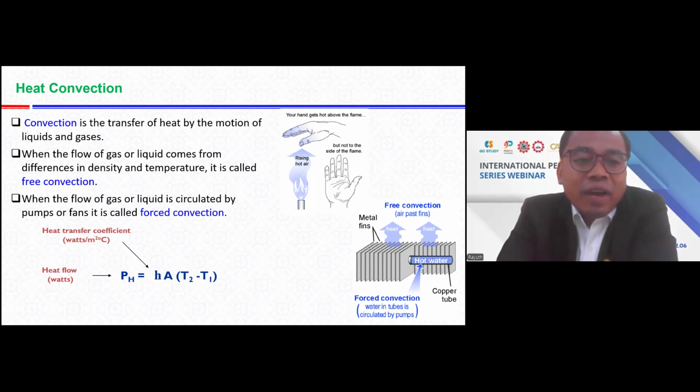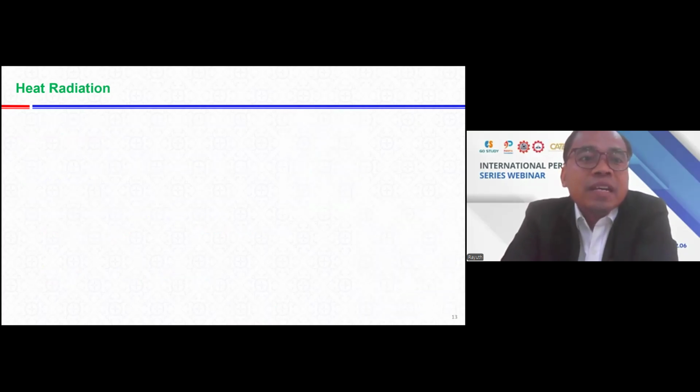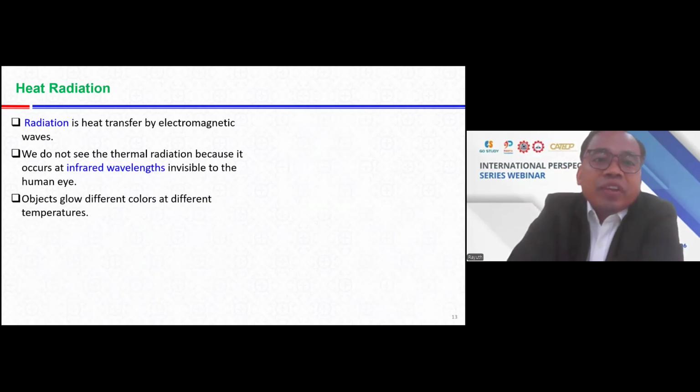The unit is watts per square meter degree Celsius. A is the area in contact with the fluid, the unit is square meters, and the temperatures are from hot to cold, T1 and T2. That's all for heat convection. And the last one is heat radiation.